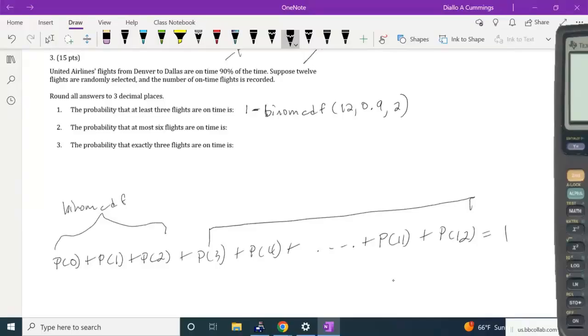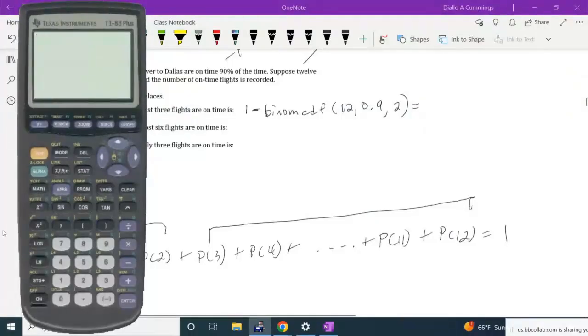So what this part of the formula right here gives us is this area from 0, 1, and 2. And then once we subtract from 1, it should give us that probability that we're actually asked for. Any questions about how we're putting this in the calculator?